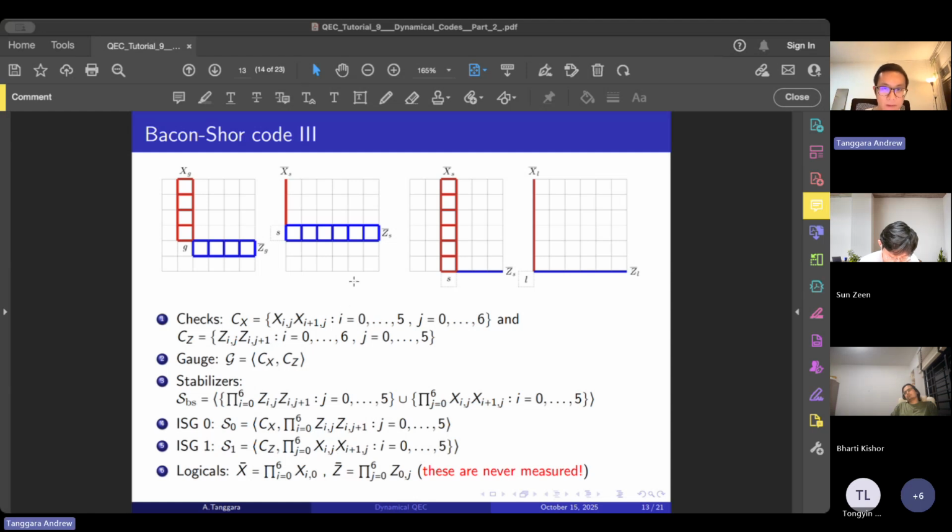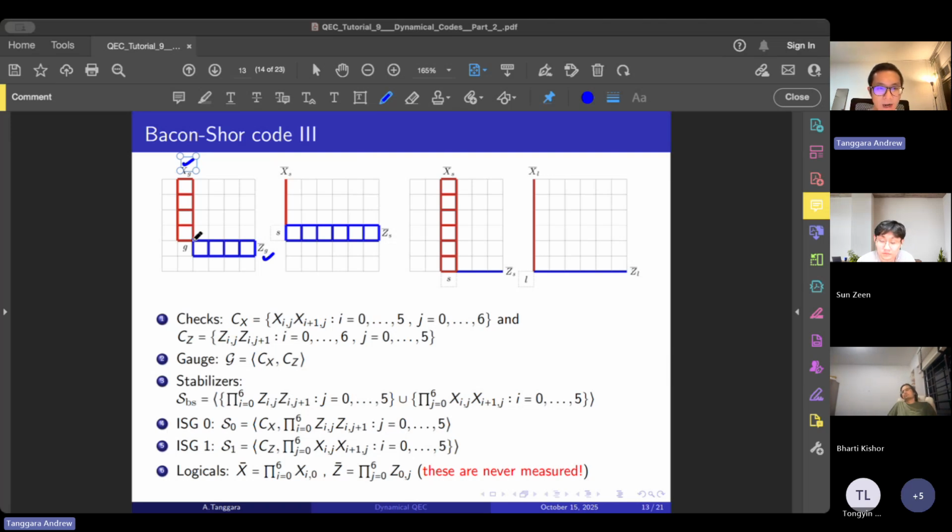I'm just going to define some conventions. I believe this is also covered by Derek in his tutorial. We can define a gauge qubit on each square in this lattice this way. This is going to be the X gauge operator, and this is going to be the Z gauge operator. They're going to be the Z's on the vertices of these blue boxes, and the X's on the vertices of these red boxes.